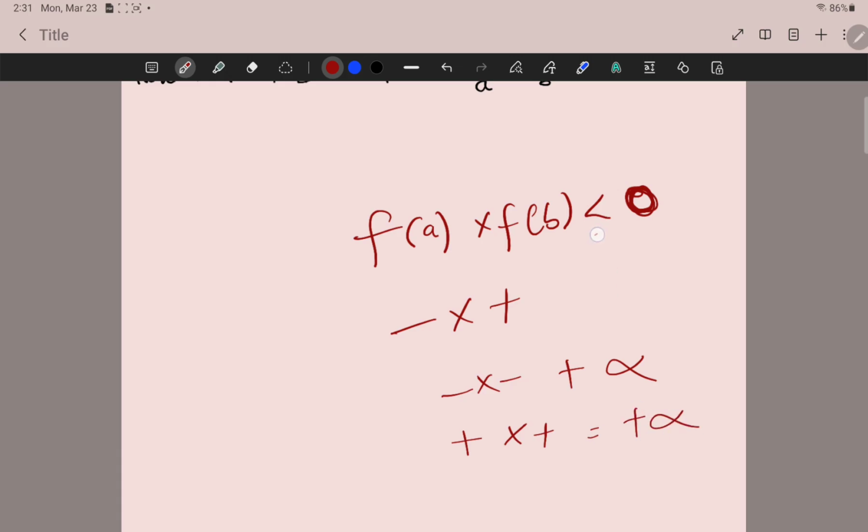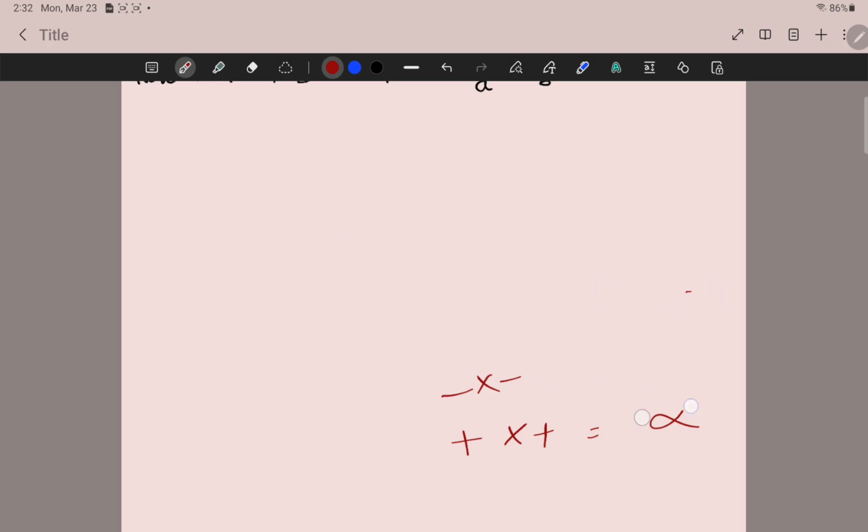So for you to have something less than 0, a negative should multiply a positive, so that you have a negative. All negative integers, minus 1, minus 2, minus 3, are less than 0. Is that not? That is the baseline of my argument.